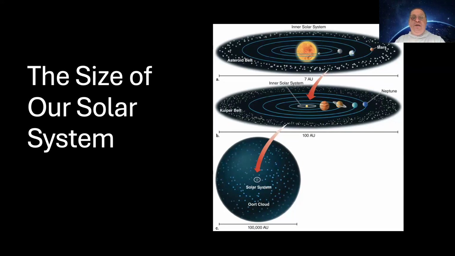Because of the eccentricity of the orbit, plotting the orbits out, we can determine their semi-major axis, and we can figure out how far away they can get. And given the trajectories of these, we effectively have theorized that there must be a cloud of cometary bodies in a spherical distribution around the solar system, around the inner solar system, the Kuiper belt inwards. And that cloud is known as the Oort cloud.